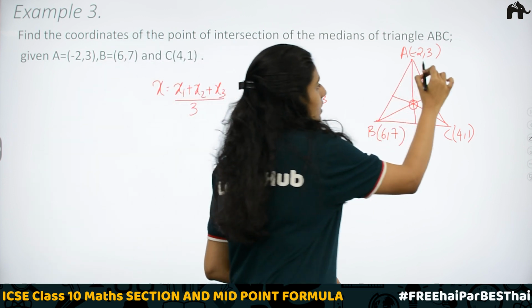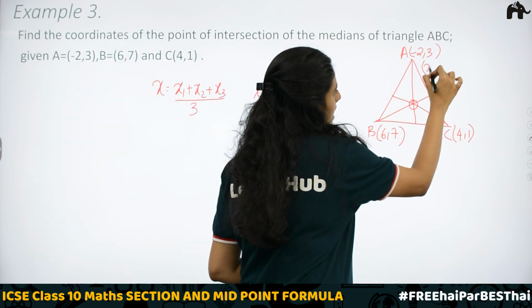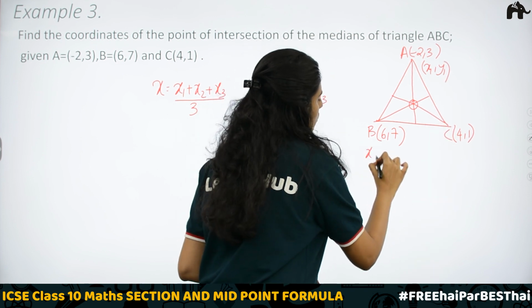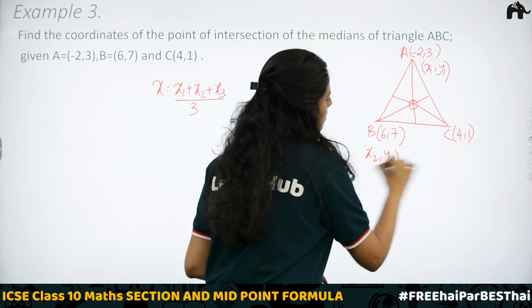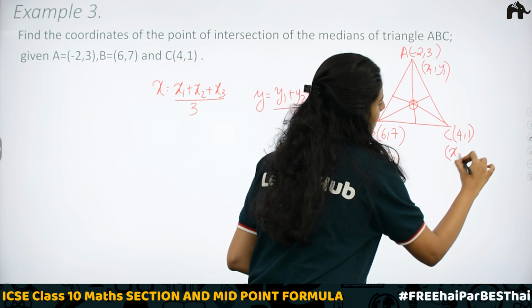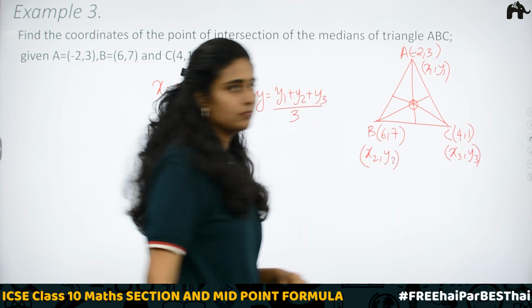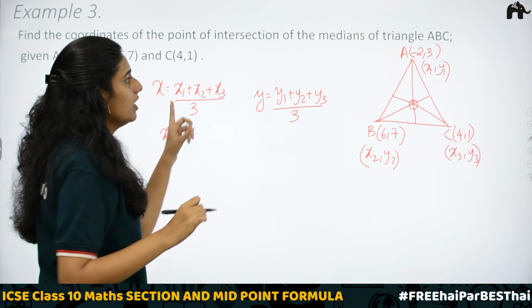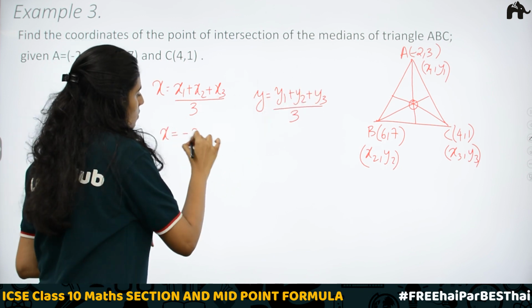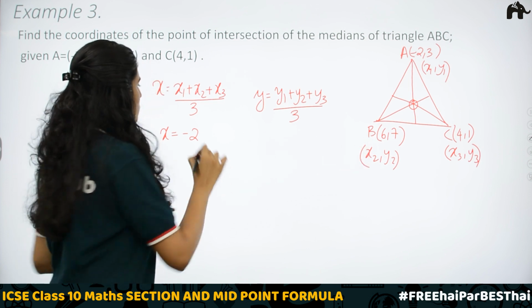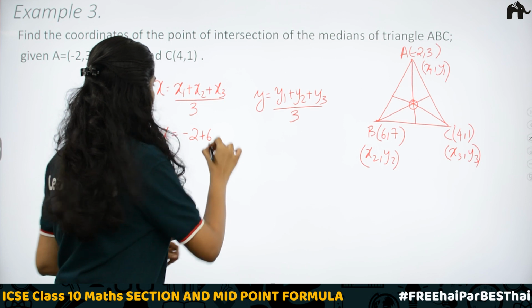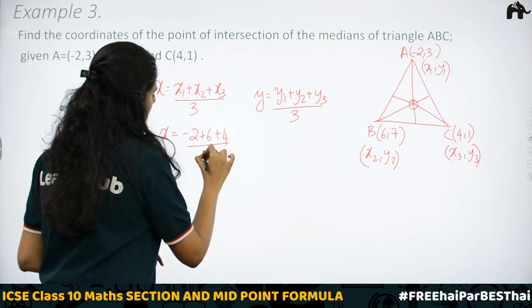Here, we'll take the coordinates of A as x1, y1, coordinates of B as x2, y2 and coordinate of C as x3, y3. Just put the values here. X will be equal to, x1 is equal to -2, x2 is equal to 6 plus 6 and x3 is equal to 4 plus 4 divided by 3.